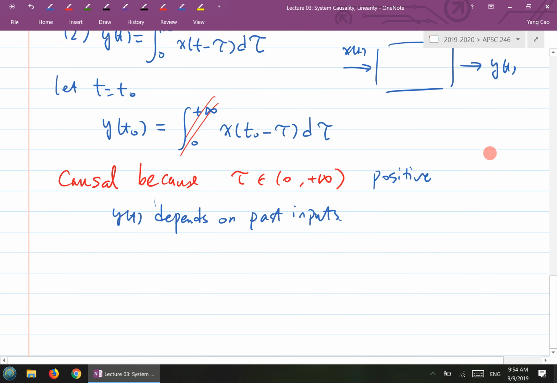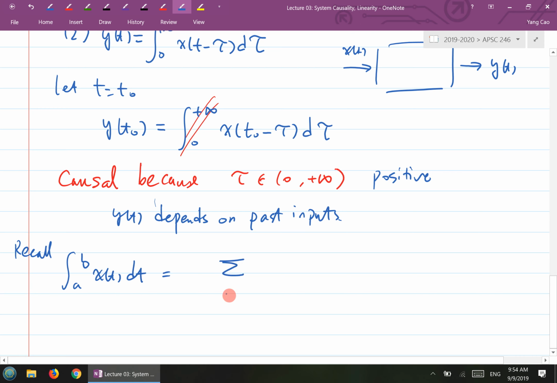Now, I don't need you to show this in the actual exercise, but for integration, recall that whenever you have an integration from, let's say, a to b, it's basically about summations.